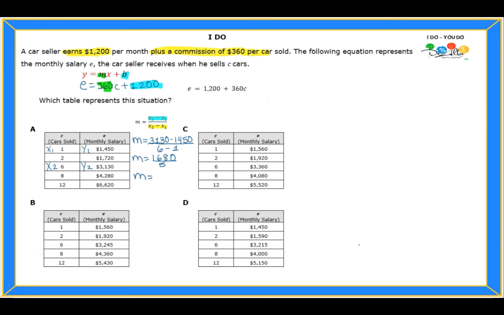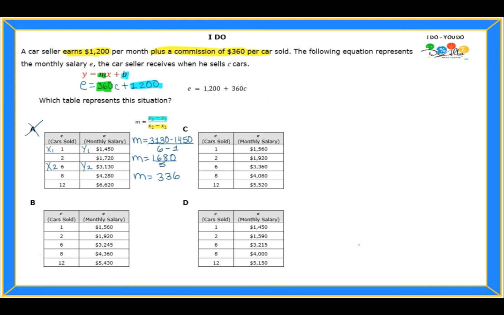If you divide that, and you can use the calculator, of course, we get 336. Is that what I was looking for? No, right? I want 360. Okay, so I know then letter A cannot be my answer.